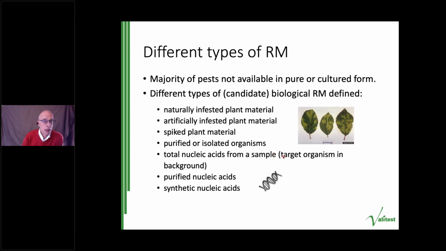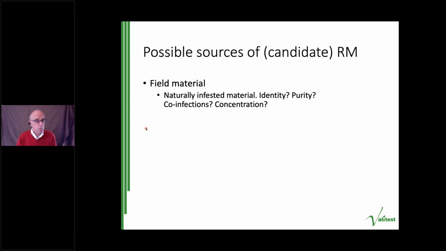And there might be your target organism in there, but there might also be other organisms in there as well. It can be purified nucleic acids, right? Or it can even be synthetic nucleic acids, like the use of gBlocks and things like that. So there is a diversity there, and all these different types of materials can be used as reference material.